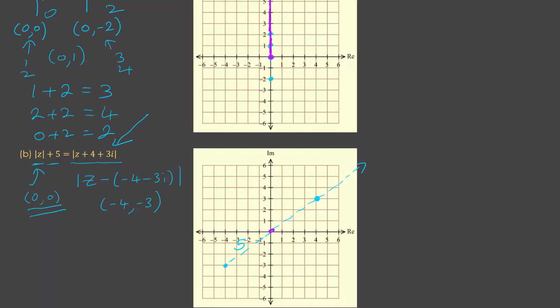Therefore, the locus we're after here includes the origin, because the distance of the origin from itself is 0, but the distance of negative 4, negative 3 is 5, so that point would work, and so will any other point up here, because that point is always going to be 5 units further from the origin than it is from negative 4, negative 3.